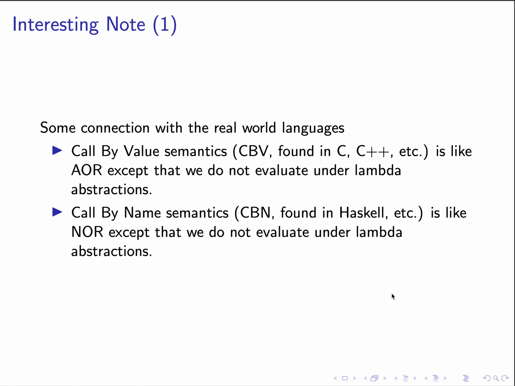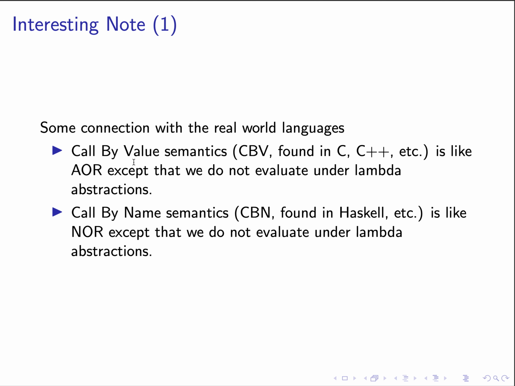Here are some interesting facts about the two different evaluation strategies. The first note is that they have some connection with real-world languages. For example, call by value semantics, found in languages such as Python, C, C++, or even Java, is basically applicative order reduction, except that we don't evaluate the redex under lambda abstractions. Basically, given a function, we do not look into the body of the function to reduce anything until the function is applied.